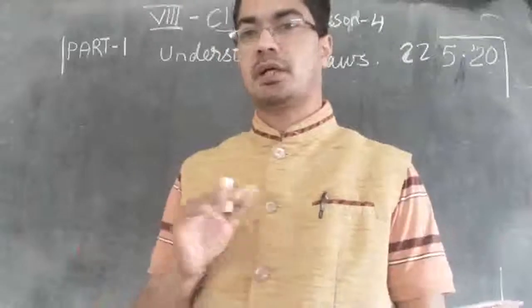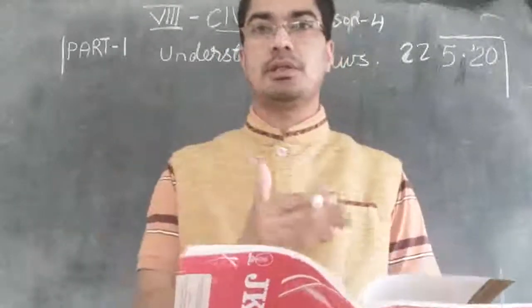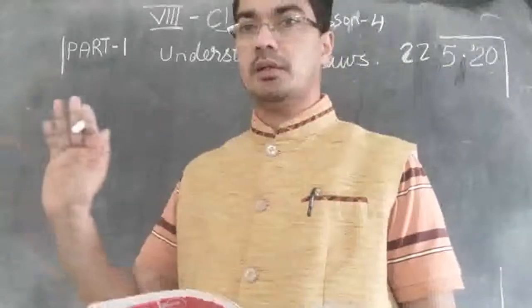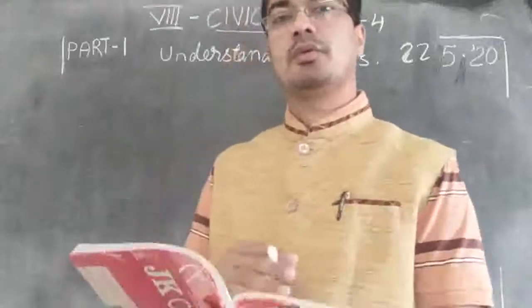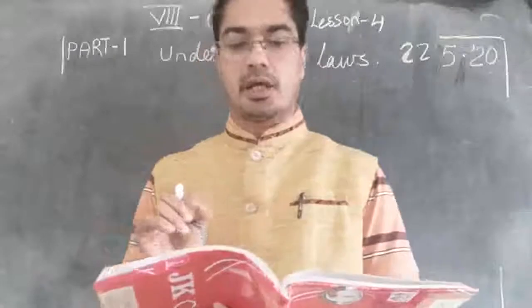There will be no trial. They will not be sent to the court to find out whether this person is guilty or not. Straight away arrest and put in jail. That was a rule that the British government made in 1870 called the Sedition Act.